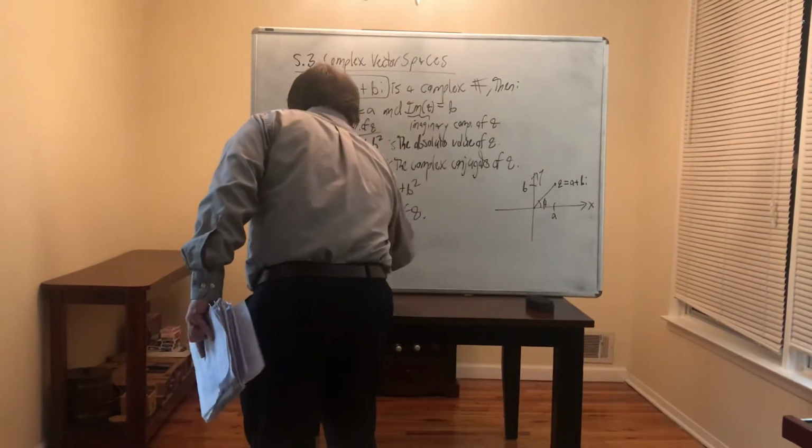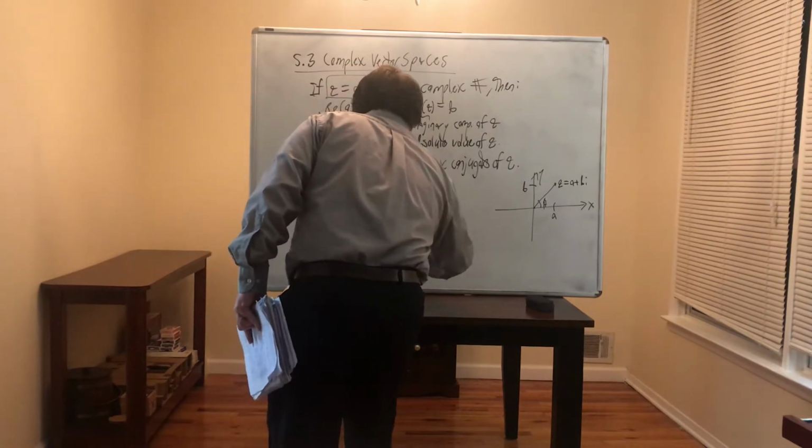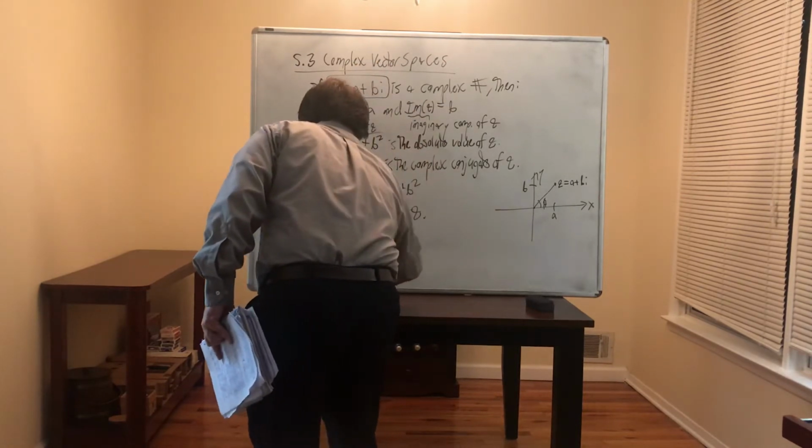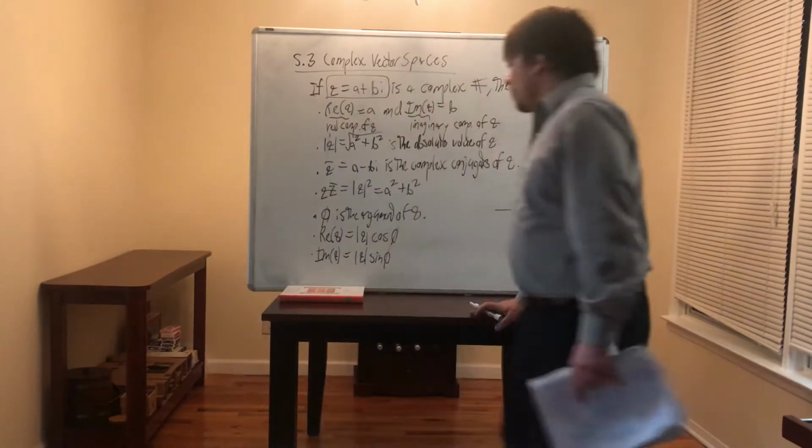And so the real component of z is equal to the absolute value of z times cosine phi. And the imaginary component of z is equal to the absolute value of z times sine phi.